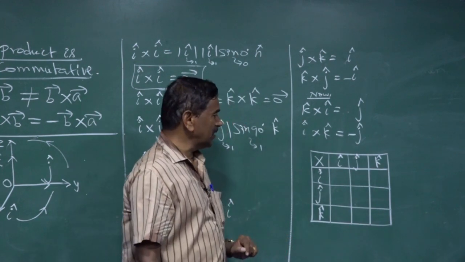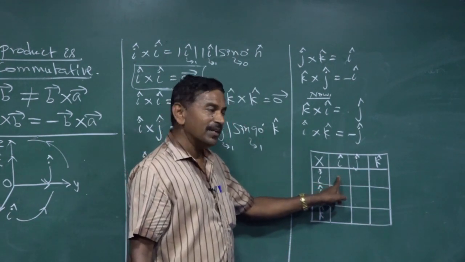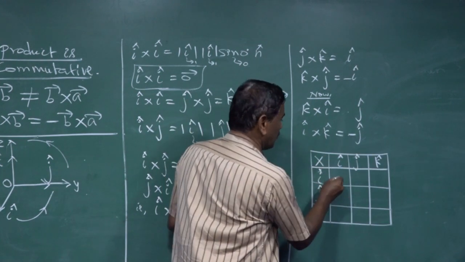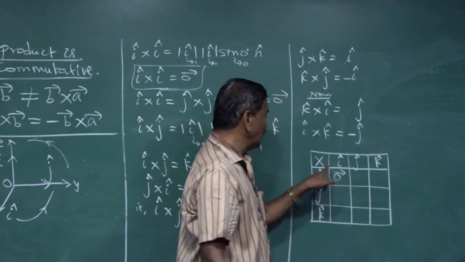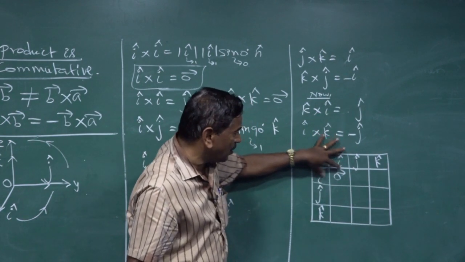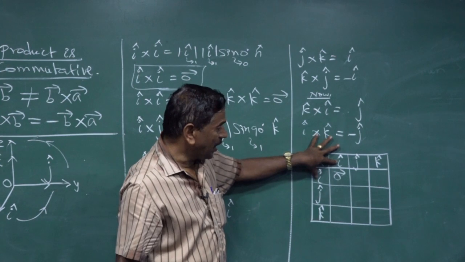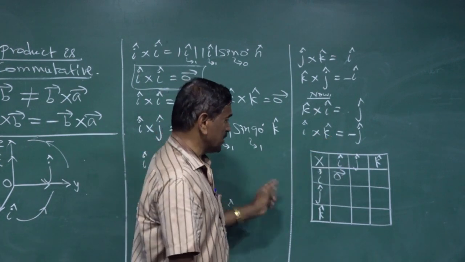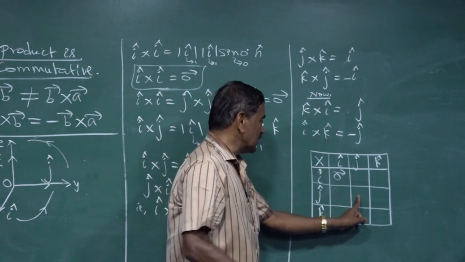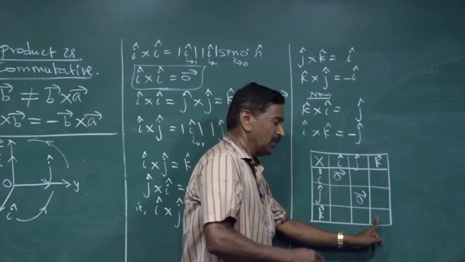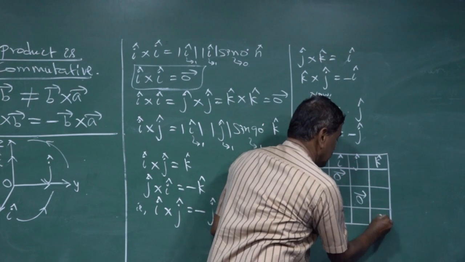Now what is the product? Fill it here. Yes, I cap cross I cap equal to 0 vector, because cross product of identical vectors is a 0 vector. A cross A equal to 0 vector. Similarly, j cap cross j cap equal to 0 vector. Here, k cap cross k cap equal to 0 vector.